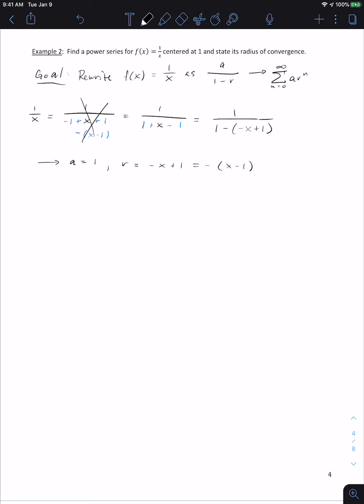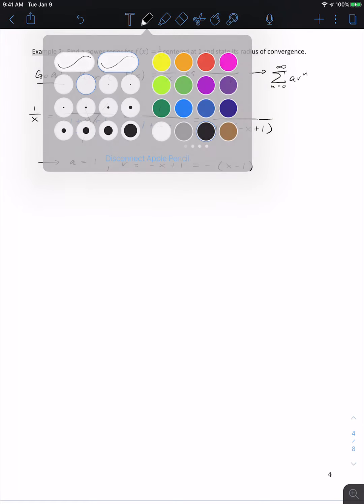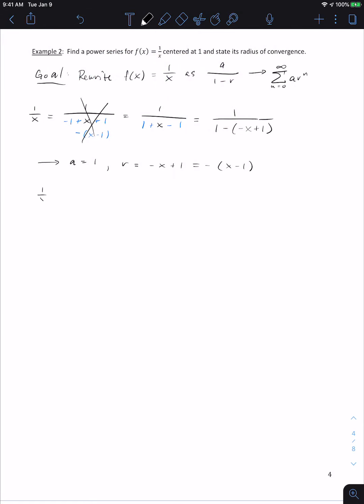Because now I'm centered at 1. So now I can say 1 over x we rewrote as 1 over 1 minus the quantity x plus 1. And now we can use our geometric series formula to rewrite this.